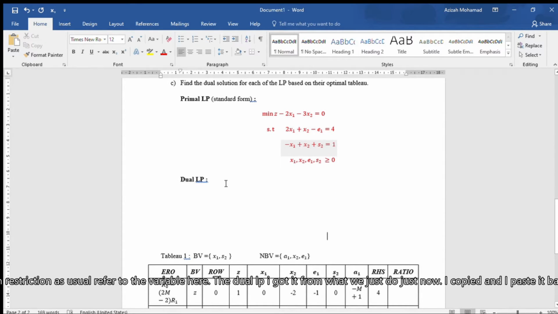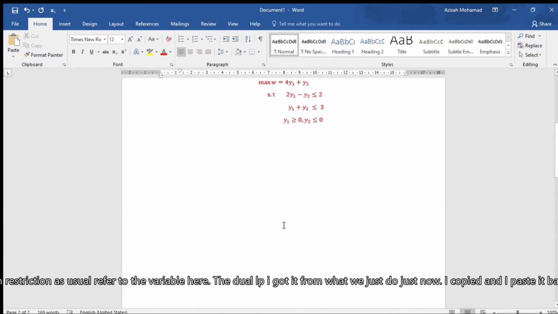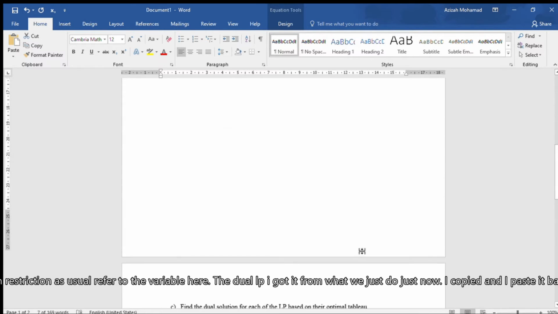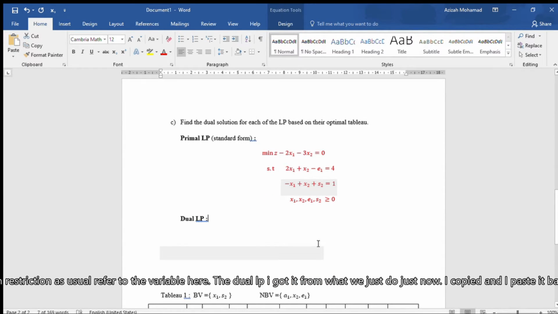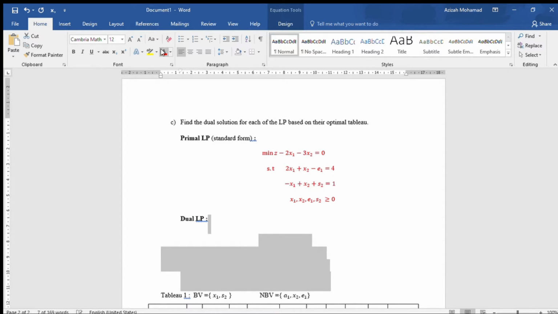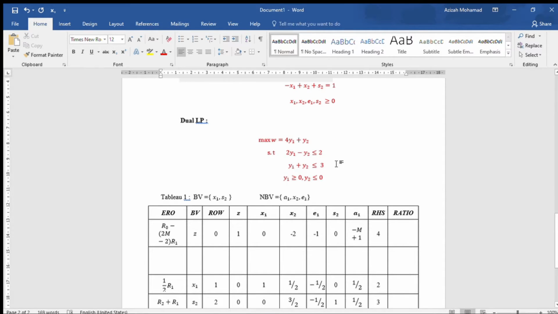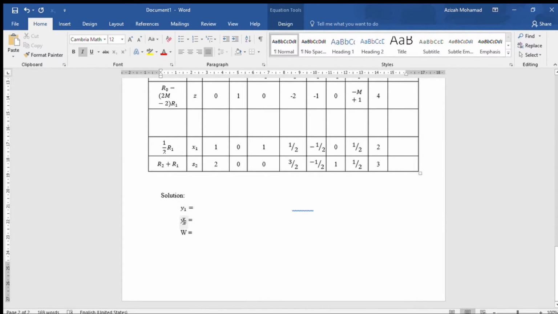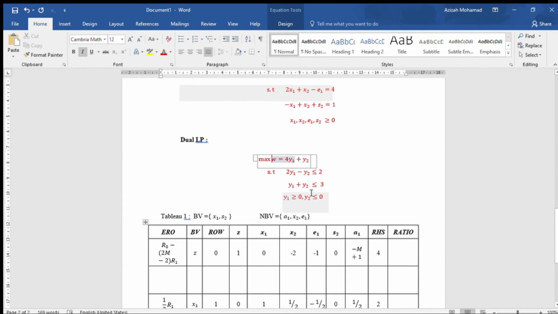And the dual LP, I got it from what we just did. I copied and pasted it back here. Now we can proceed to how to find the dual solution. We must find the solution for y1, y2 and w. I already listed them here. How to find it?